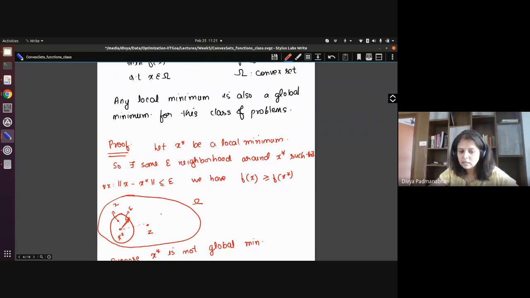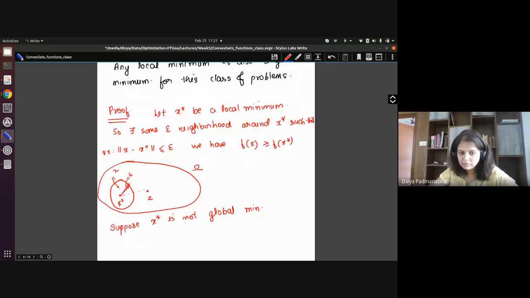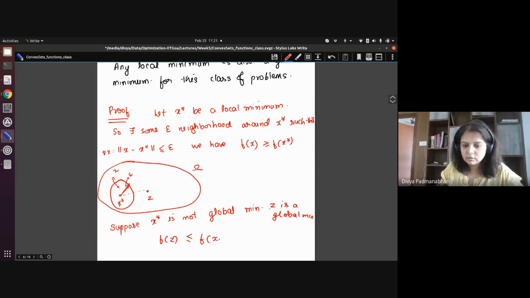So there is another point z such that f of z is the global min. So f of z is less than f of x for all x in the set.